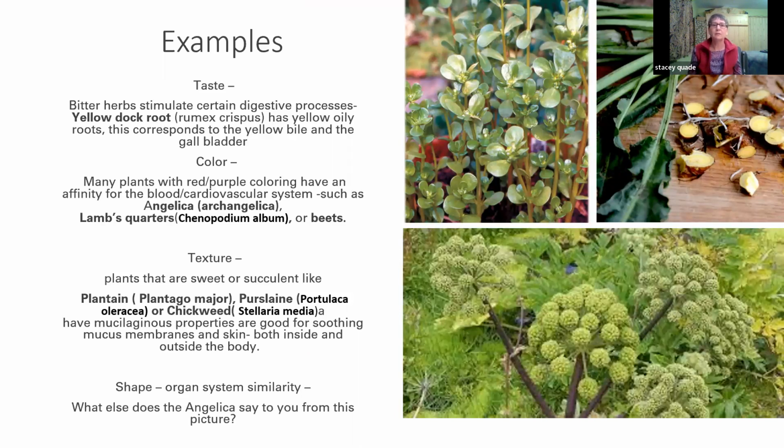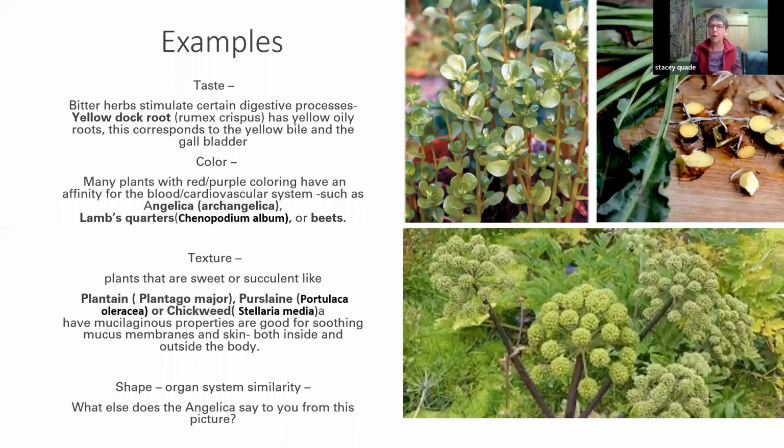So certain kinds of tastes, for example, bitter herbs stimulate certain digestive processes. Yellow dock root is one that is used very frequently in helping people with digestion. It has a yellow oily root, and this corresponds to the yellow bile of the gallbladder. So that's the color that we could look for as well as that bitter taste.